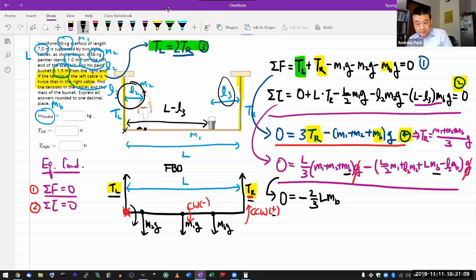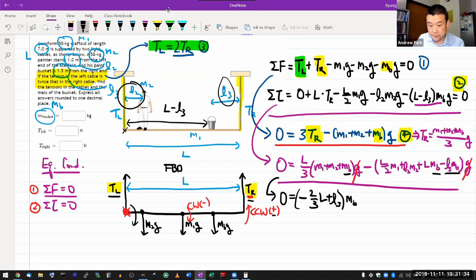So I guess I'll just write down the rest. Wait, I forgot the L3 MB. So it should be minus 2/3 L plus L3 MB. Okay, now we can collect the rest of the terms.